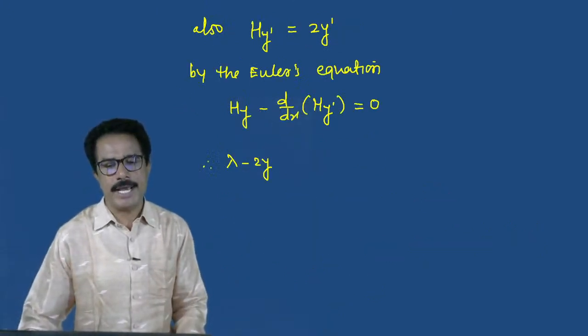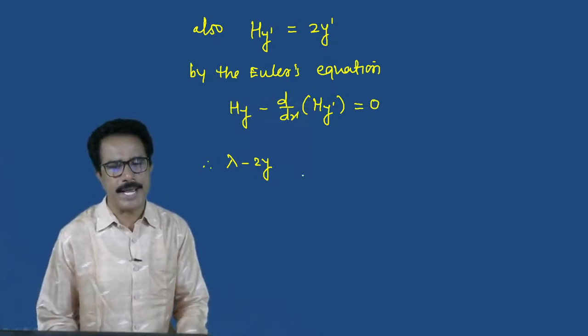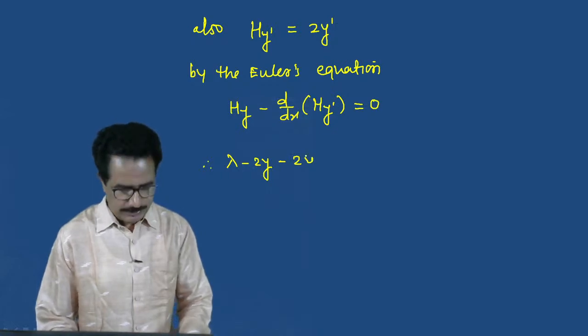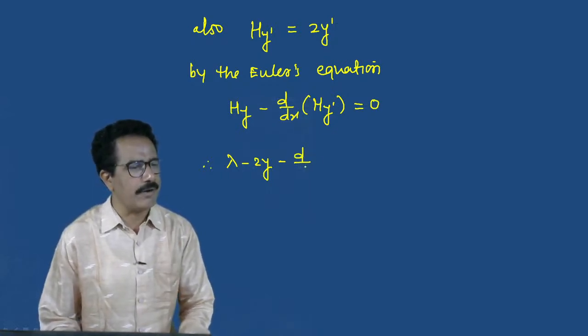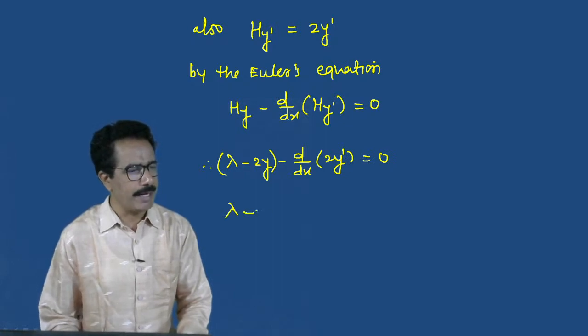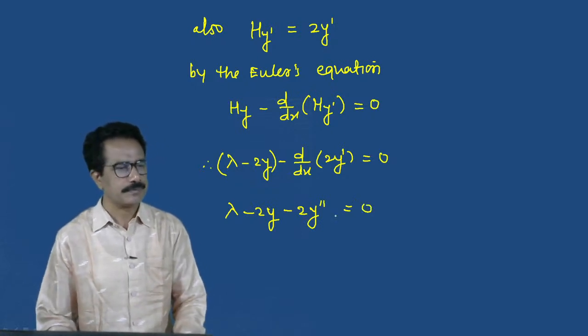Again h_y dash, how can we write h_y dash? h_y dash means 2y dash, minus d by dx of 2y dash which is equal to 0. So lambda minus 2y minus 2y double dash is equal to 0.